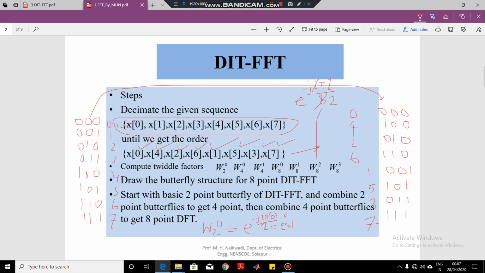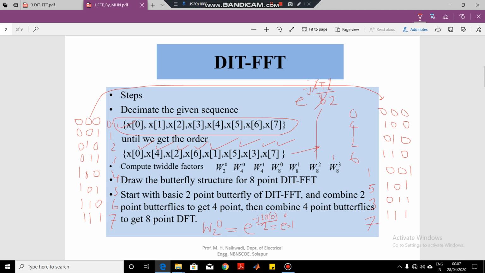So what we get here is e raised to minus j pi by 2. According to Euler's identity, e raised to minus j theta is cos theta minus j sin theta. So cos pi by 2 minus j sin pi by 2. cos pi by 2 is 0, sin pi by 2 is 1. So the value of this twiddle factor will be minus j.